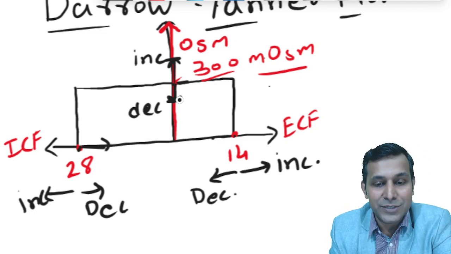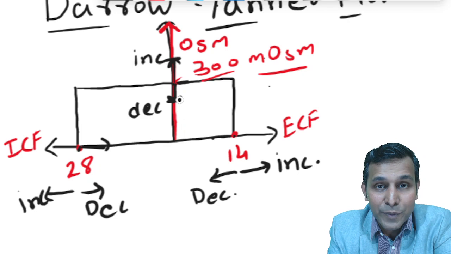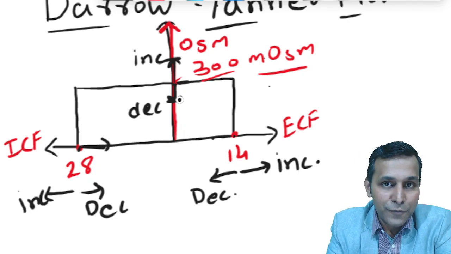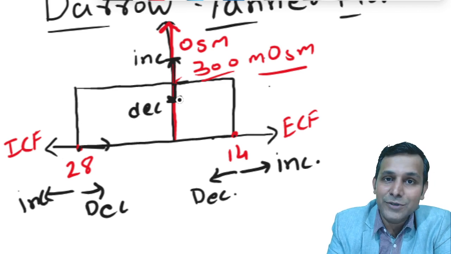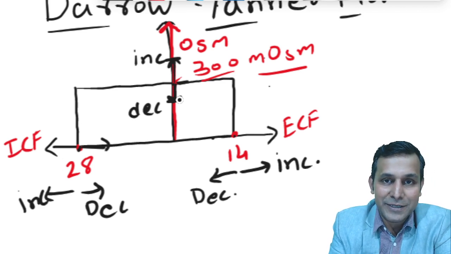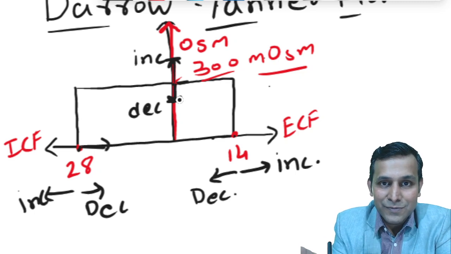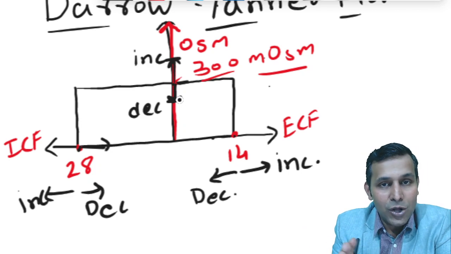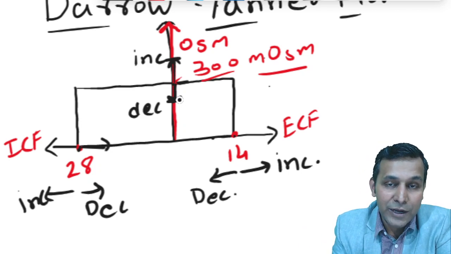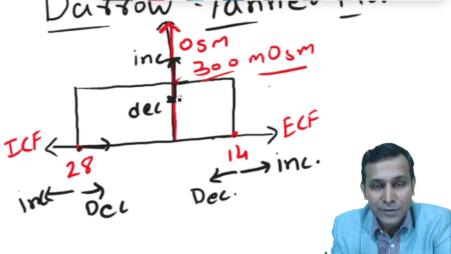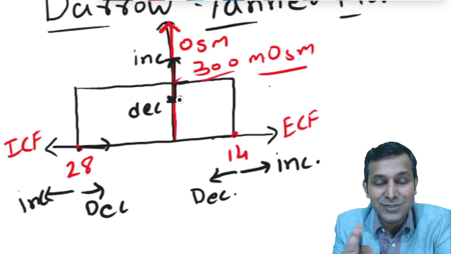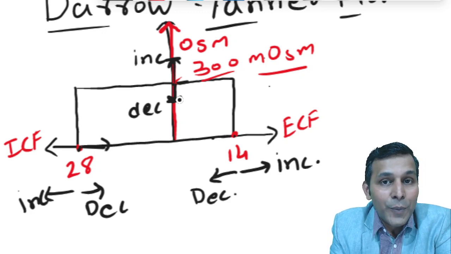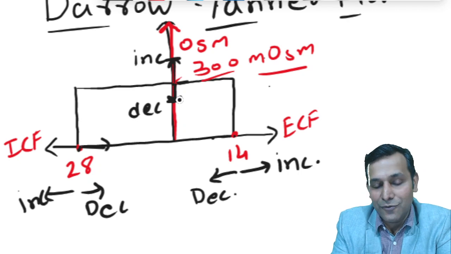With these shifts, we can have 6 types of changes: gain of isotonic, loss of isotonic, gain of hypotonic, loss of hypotonic, gain of hypertonic, loss of hypertonic. To understand these 6 changes, remember, we have to obey certain rules here. What are those rules?